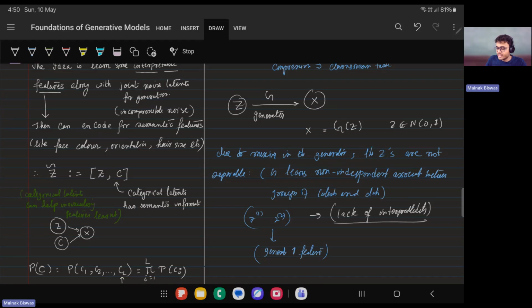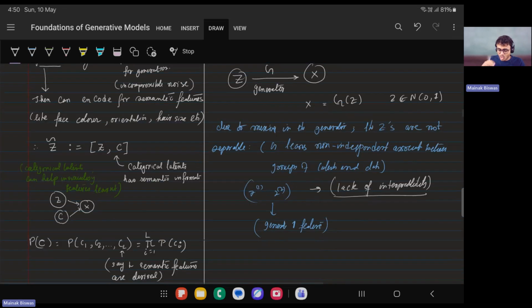So we always want some form of disentangled representations, and that's all about representation learning.